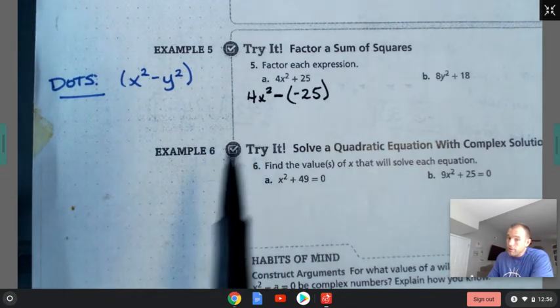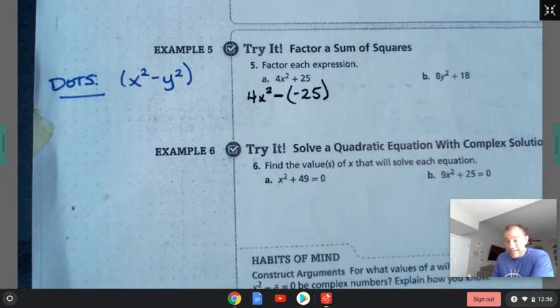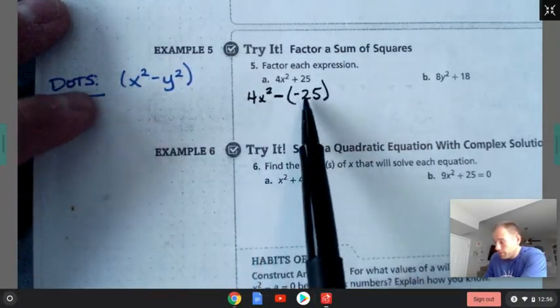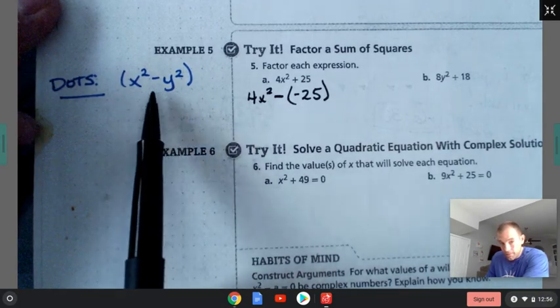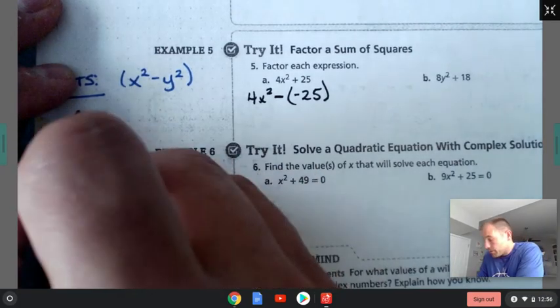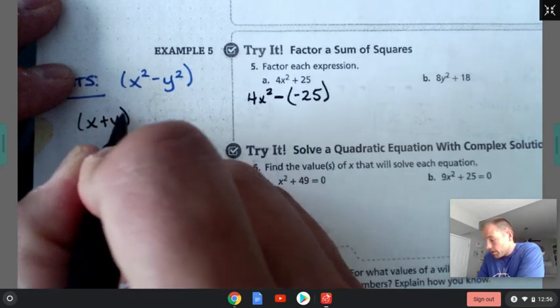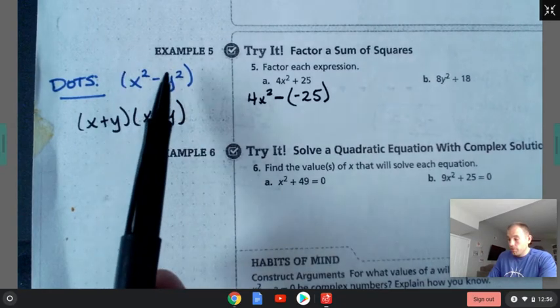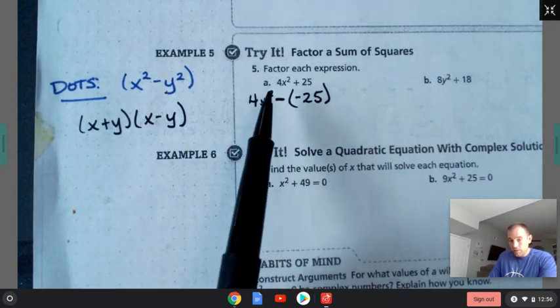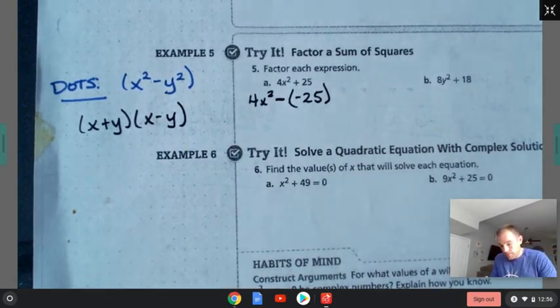So I just rewrote it in a different manner, okay? And now this problem looks exactly like what we had before, right? And if you remember when we split this up, it would be x plus y, x minus y, right? So we square root each of them, which is exactly what we're going to do right here, okay?